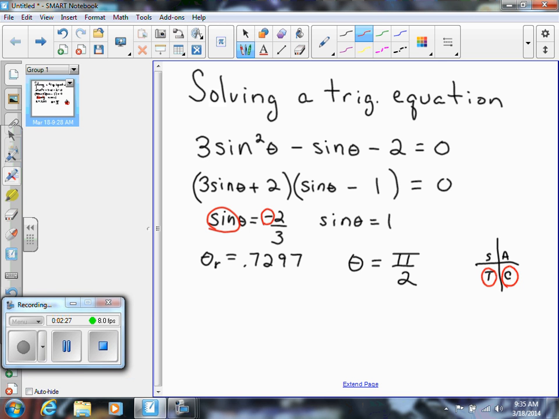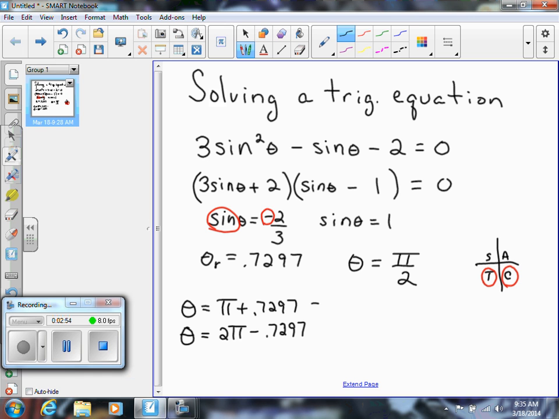Back in grade 11, in quadrant 3, we took 180 plus theta r. In this case, in grade 12, because we're dealing in radians, it's going to be pi plus theta r. And in quadrant 4, it'll be 2 pi minus theta r, as compared to grade 11 when it was 360 degrees minus the reference angle.